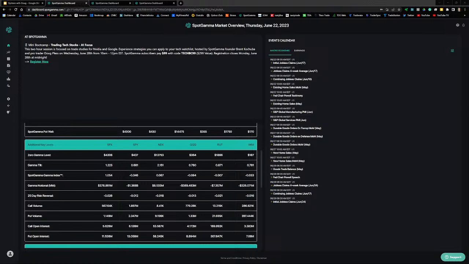So let me just clarify what I'm talking about. Traders buy and sell options, and market makers in the index products, the S&P 500 and NASDAQ, options market makers take the other side of those trades. So if traders are buying puts, market makers are selling puts, and that's a positive delta position.